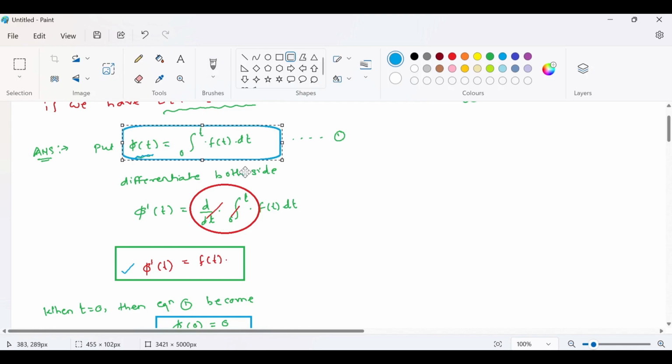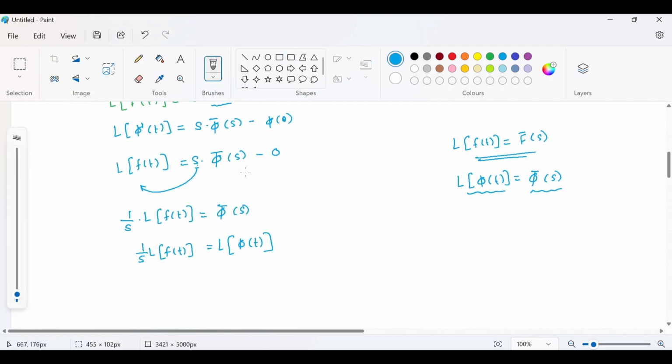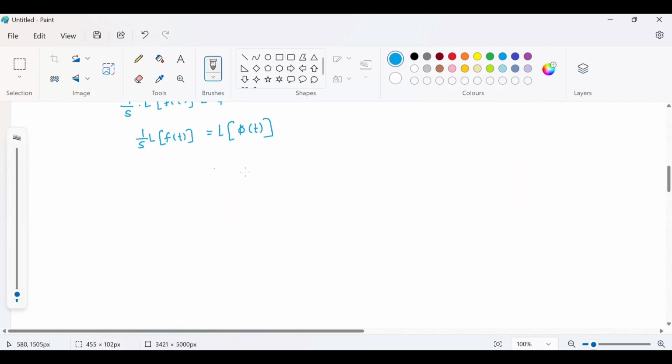So in the place of phi of t, I'm going to mention this term. Now what I will get: Laplace of integration 0 to t f of t into dt is equal to 1 upon s Laplace of f of t, right?